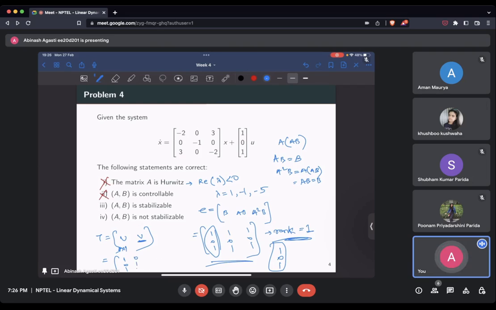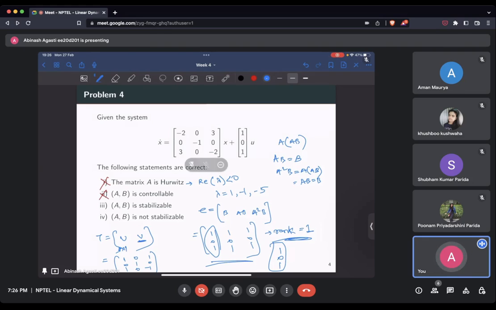One possibility is this and this. Is this an invertible matrix? Yes, sir.